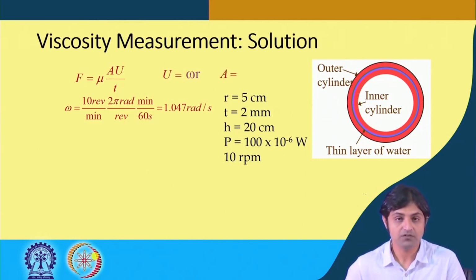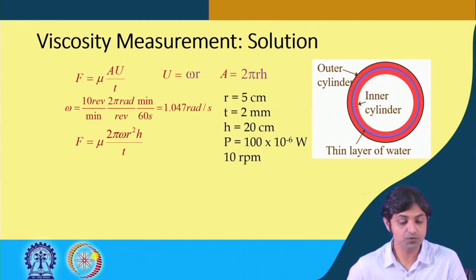Now we also need to find out what the area is. Area is 2 pi RH. So it will act across all the surface of the cylinder, and we know the value of R, we know the value of H. So F is written as mu, A is written as 2 pi RH, and U is written as R omega, T is as it is.